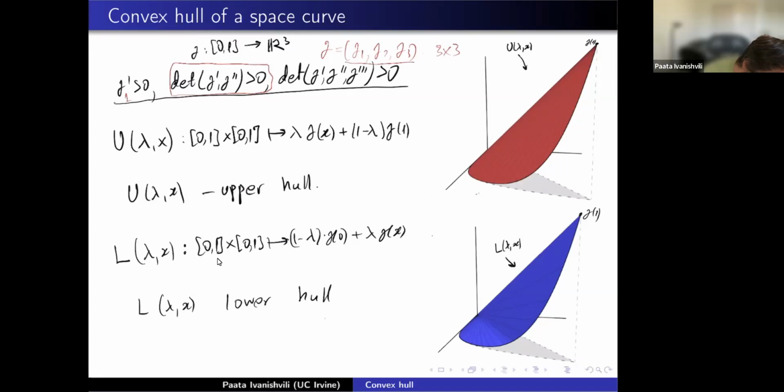So if I write it as a vector, I have gamma 1 prime, gamma 2 prime, gamma 3 prime, gamma 1 double prime, gamma 2 double prime, gamma 3 double prime, and gamma 1 triple prime.